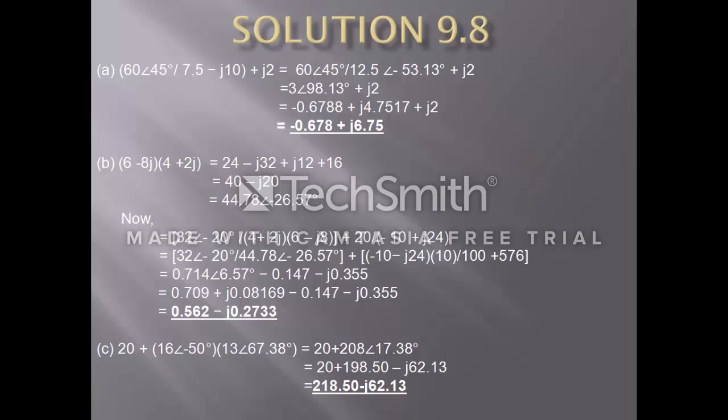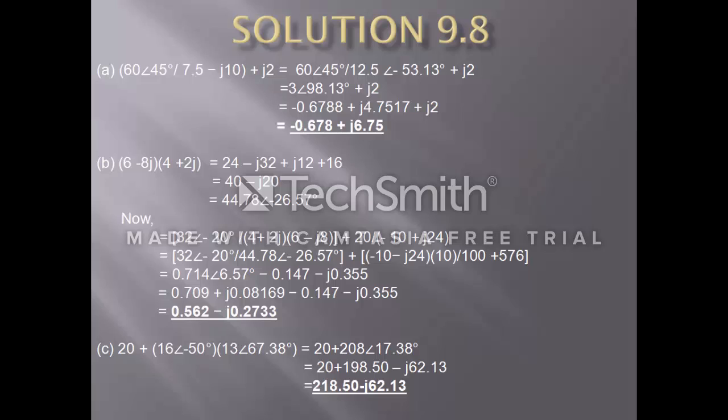Moving on to the C part, the last part, it says 20 plus 16 with a phase angle of minus 50 degrees multiplied by 13 with a phase angle of 67.38 degrees. So solving the multiplication, we get 20 plus 208 with a phase angle of 17.38 degrees.